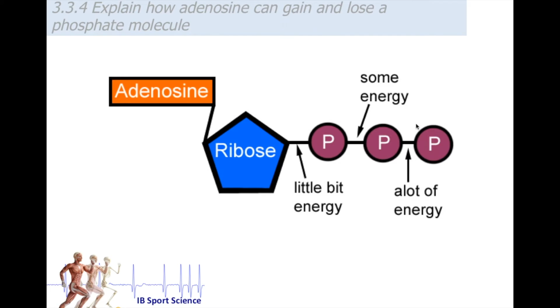So when we break off our first phosphate, a lot of energy is released, leaving us with ADP. We could then break off a second phosphate, leaving us with adenosine phosphate. However, that would only give us some energy. And in the final bond here, if we were to completely break it down into adenosine, it would only give us a tiny bit of energy. So actually it's this first bond which provides us with most of the energy.